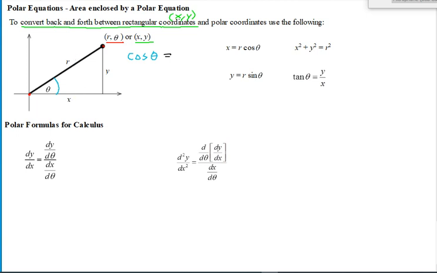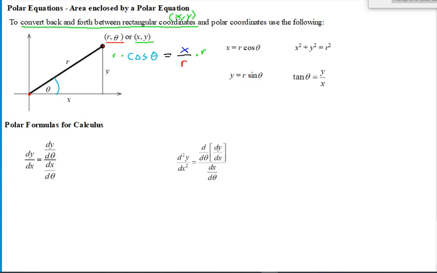So that would be x over r. And then the way you can go from this to this form of this equation is just multiply both sides by r. And you can see the r's would cancel out, giving you x equals r cosine of theta. That's where that conversion comes from.